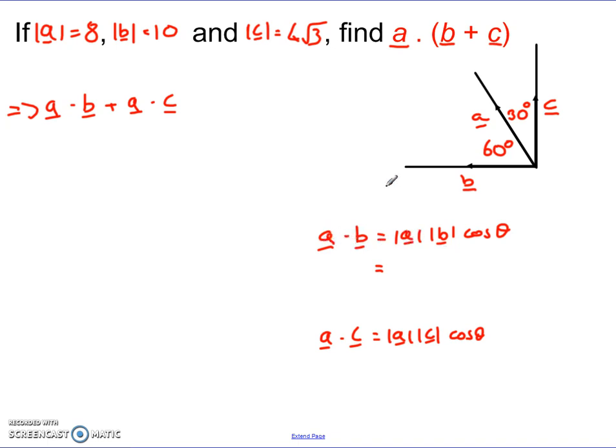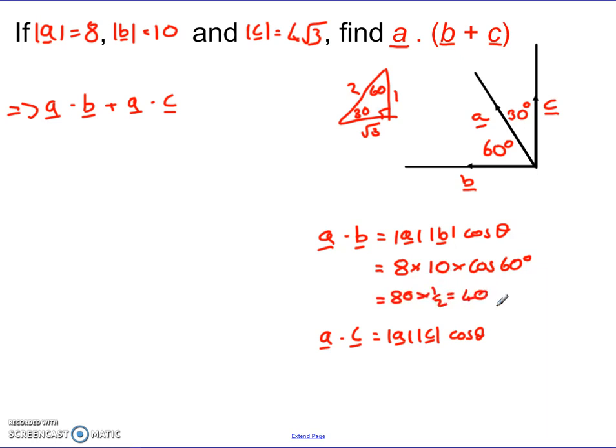For A dot B, we want the magnitude of A, which is 8, times the magnitude of B, which is 10, times cos 60. 60 degrees is the angle between them. Again, we know the exact value triangle for this one: there's 30, there's 60, our root 3, our 1, and our 2. Cos 60, adjacent over hypotenuse, is a half. So that's 8 times 10, which is 80, times a half, that gives me 40.